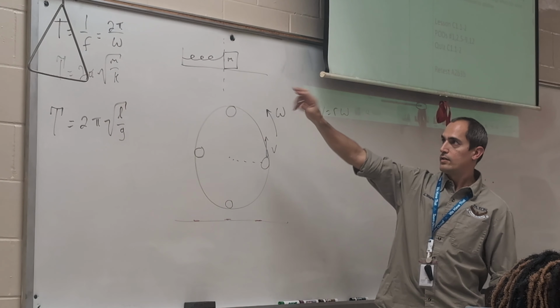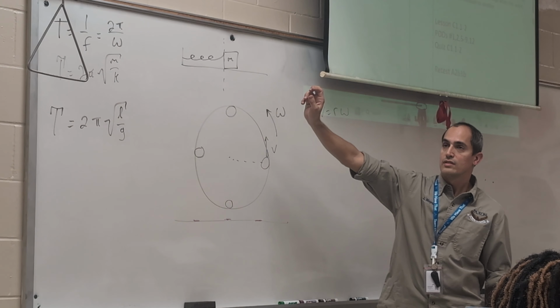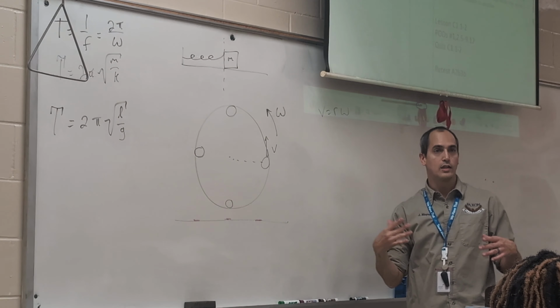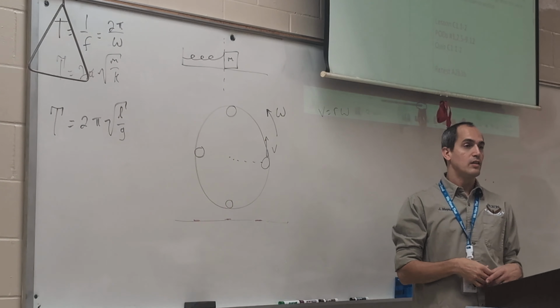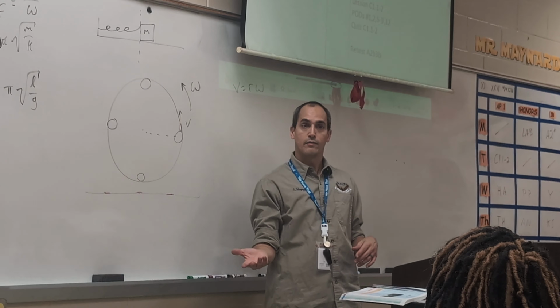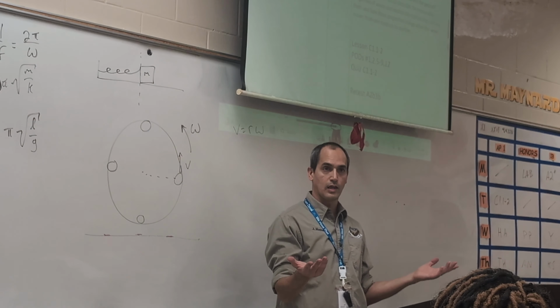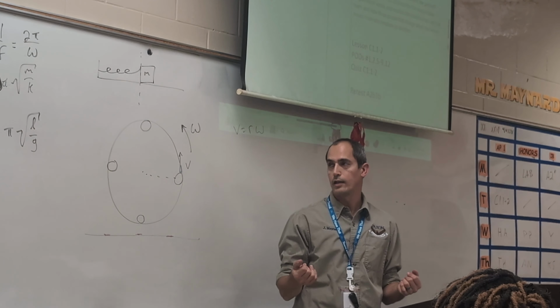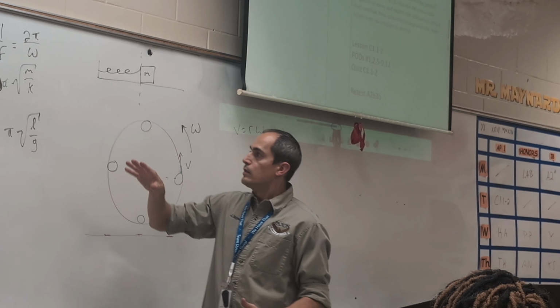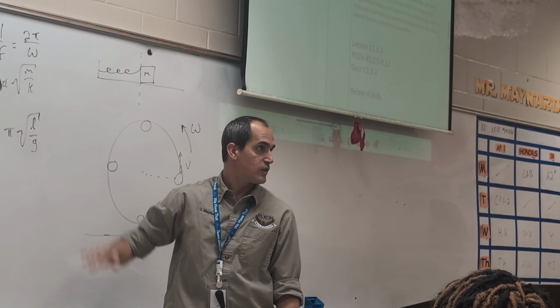Same letter, and it means the same thing. We're just going to call it two different things, just like we called the acceleration due to gravity also the gravitational field strength. They are the same thing, just different ways of looking at it. Okay, good. Now let's take a look at our mass on a spring.